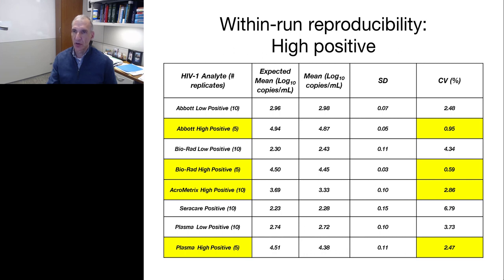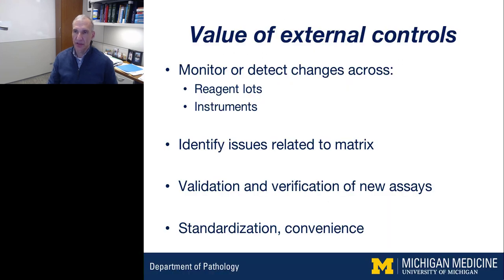So just to go back to this concept of external controls, I mentioned it in the middle of the presentation, that we are going back and forth between using them and not using them. And really, there's some good reason to use external controls.